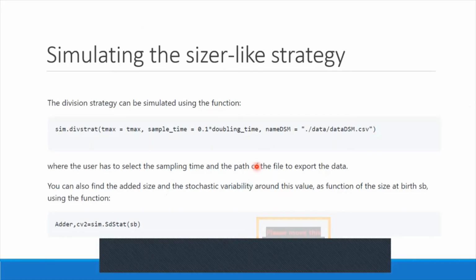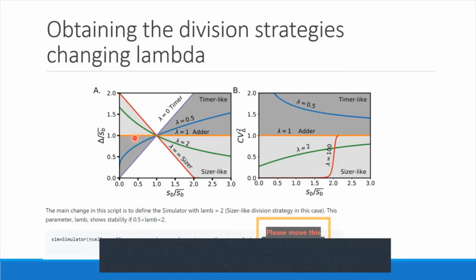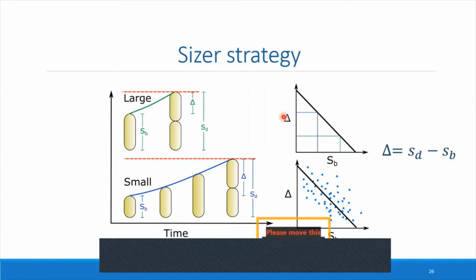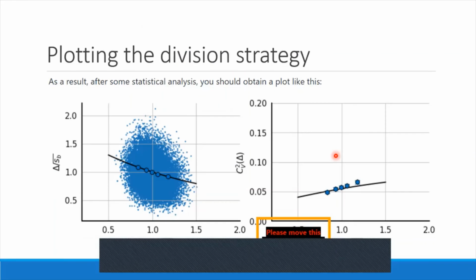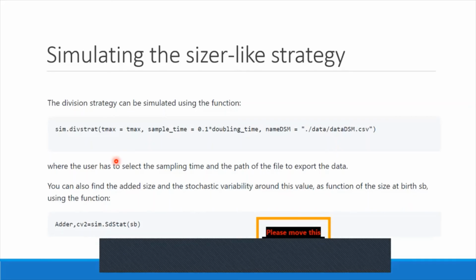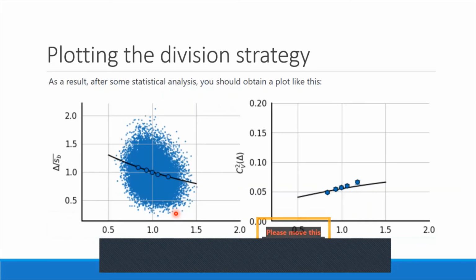You can use the same functions, for instance, the divstrat, to see if the slope of added size as a function of the size at birth is negative, and the function as the stat to obtain the numerical trends of the division strategy. And finally, you can see something like this.